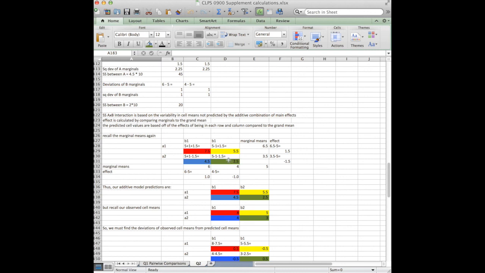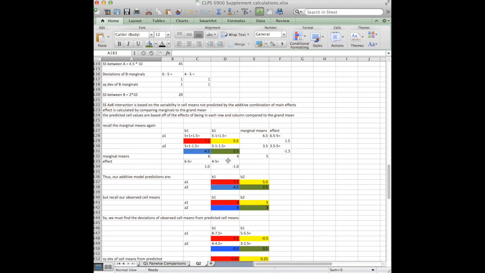To sum all of that and put it in one place, our additive model predictions are that the cell mean should be 7.5 for the red cell, 4.5 for the blue cell, 5.5 for the yellow cell, and 2.5 for the green cell.